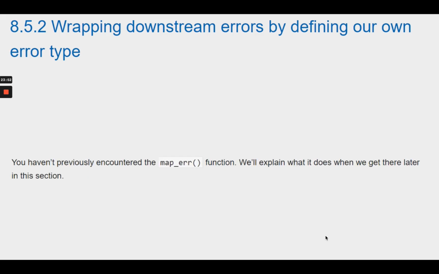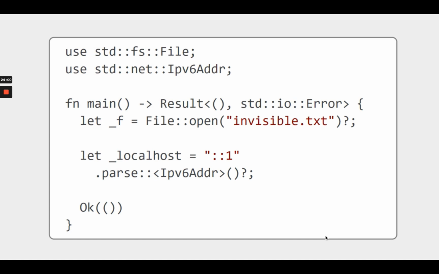Note: you haven't previously encountered the map_err function. We'll explain what it does when we get there later in this section. It's possible to stop with the previous steps, but there's an optional extra step that improves ergonomics. We need to implement std::convert::From to remove the need to call map_err.